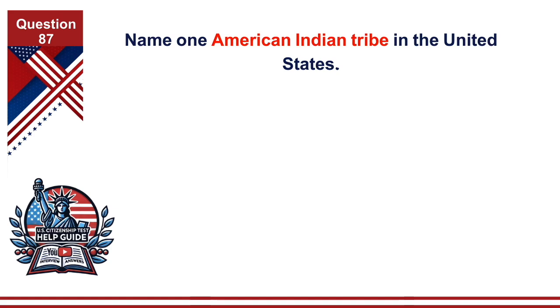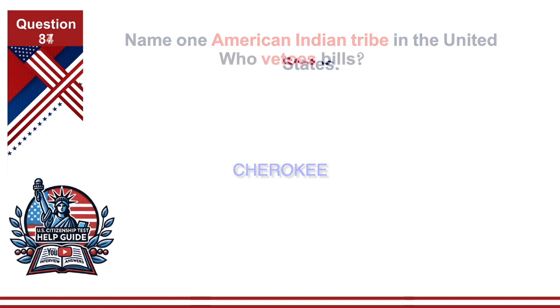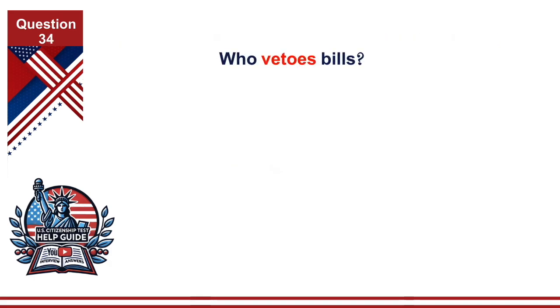Name one American Indian tribe in the United States. Cherokee. Who vetoes bills? The President.